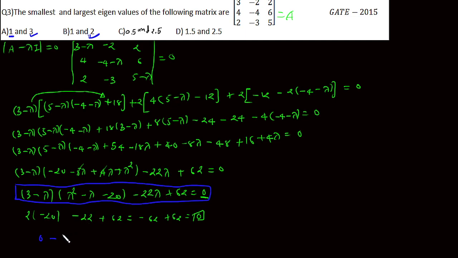So we are getting minus 66 plus 62 will give minus 4. Okay, so we are not getting 0 here from this equation. So we can say that 3 is not an eigenvalue of this matrix because it is not satisfying the characteristic equation of this matrix. So we can be sure that option B is the correct one.